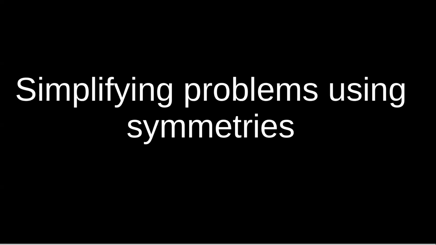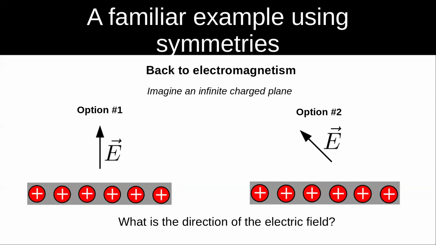So let us start with simplifying problems using symmetry. So trying to find solutions to complex problems, not by using, let's say, brute force approaches, but actually just by using symmetries to simplify the solution. And this is something that you've already been using in many of the courses before.